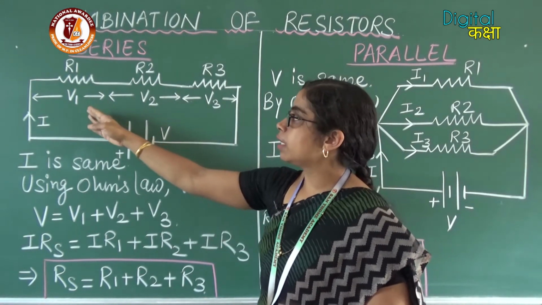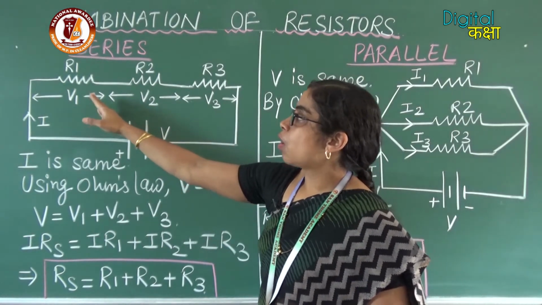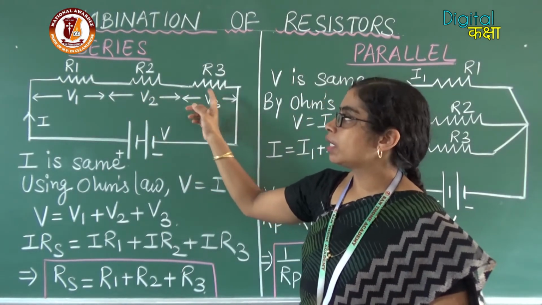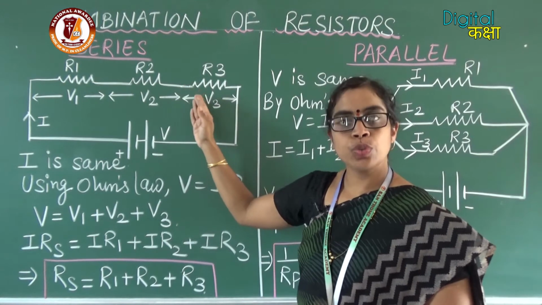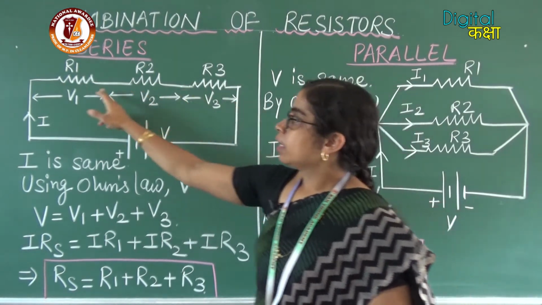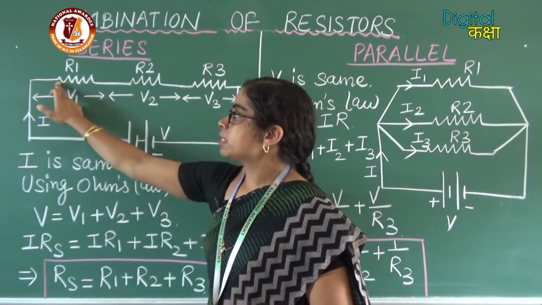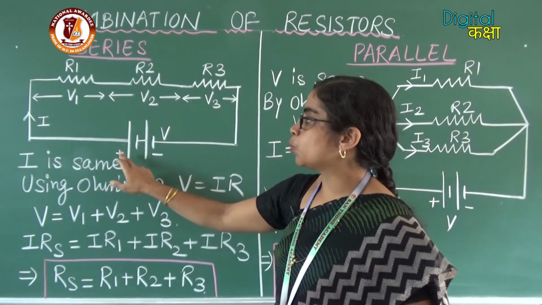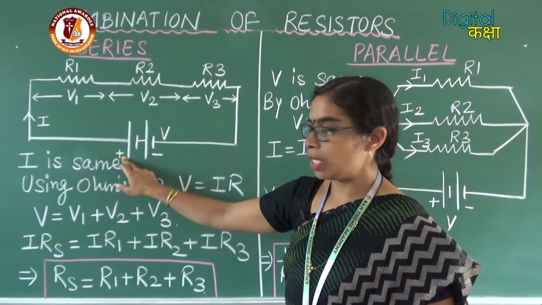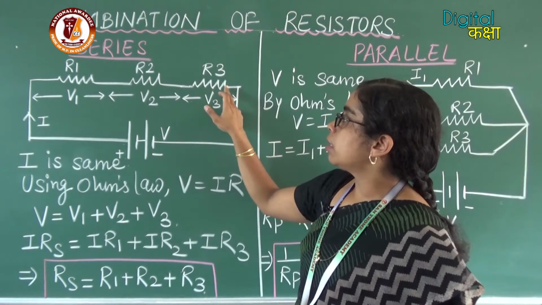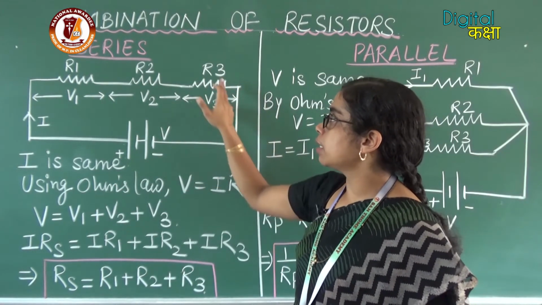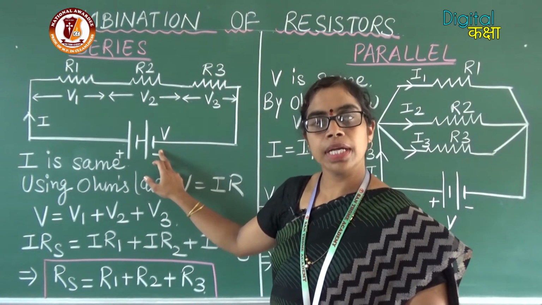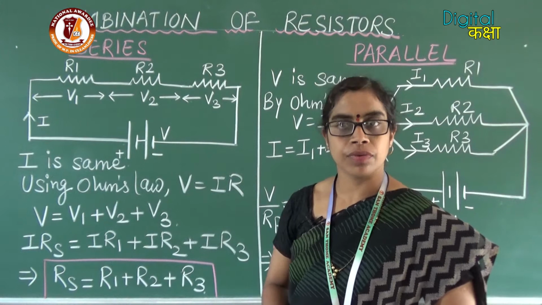In this circuit, the three resistors of resistances R1, R2 and R3 are connected end to end. The resistor R1 is connected to the positive terminal of the battery and the right end of the resistor R3 is connected to the negative terminal of the battery.